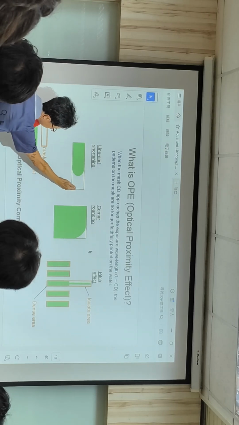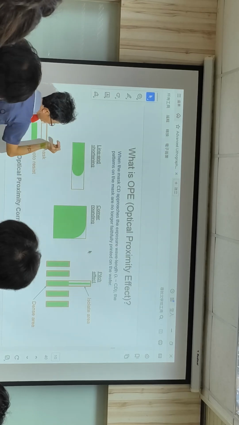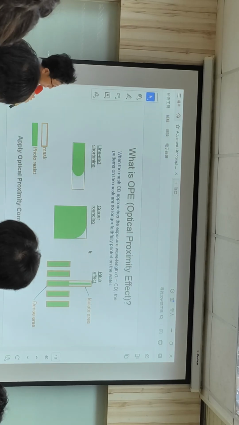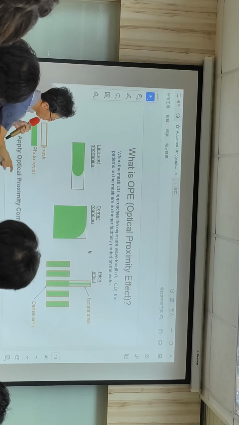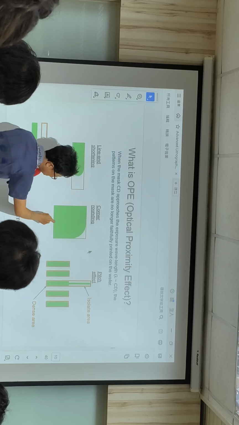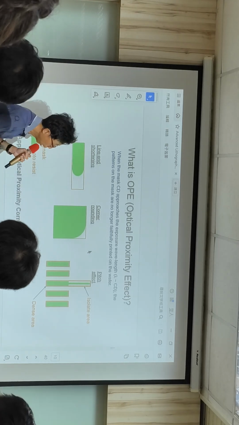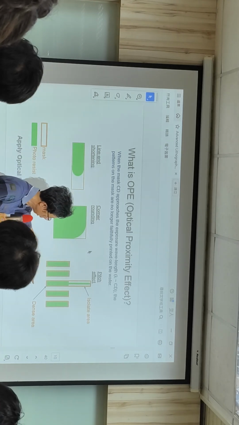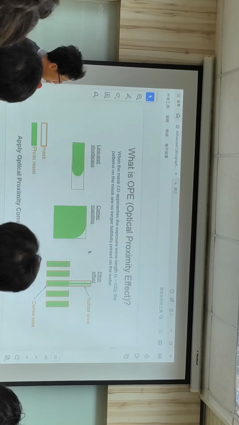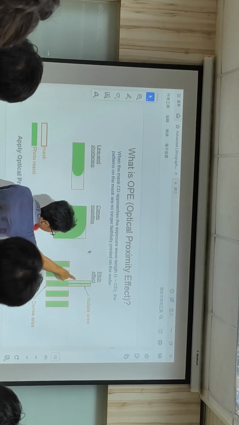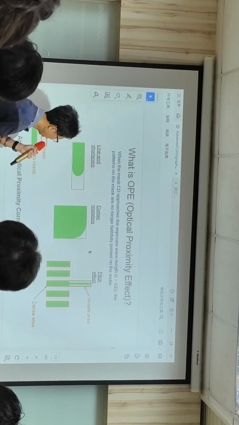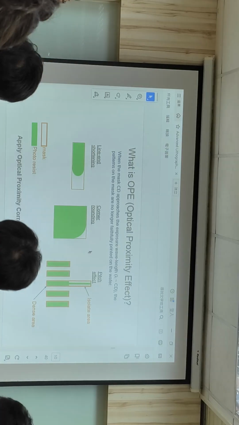We want to print to here, but it will retreat and come back here. And then we have corner rounding. We want it to be square, but it becomes round. And we have isolated and dense bias. We want ISO to have the same CD, but the ISO CD tends to be smaller.